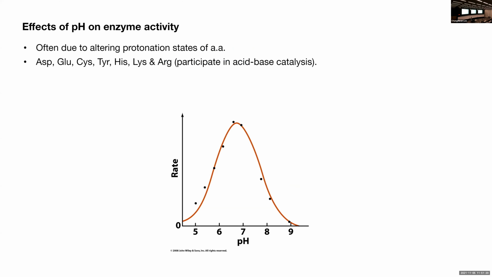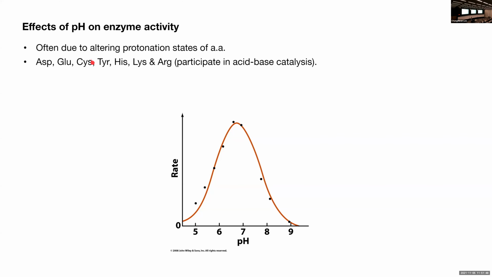So as you can imagine, this is an acid-base reaction, right? So it'll be affected by the pH of the solvent, because it's all about protonation, right? Having the hydrogen cation, or the proton, or losing the proton. And basically the amino acids have quite a few functional groups that are affected by this protonation.